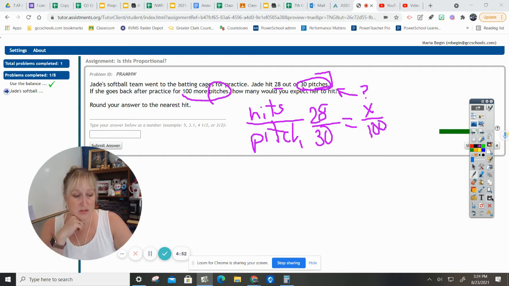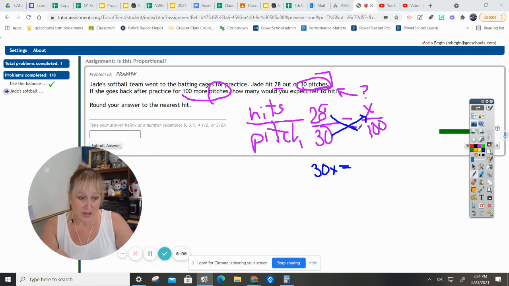Now, we've been talking about cross multiplication, so we're going to do our cross multiplication. 30 times x, again, I like to do the one with the x first on this side. So that means 30 times x equals 28 times 100. Now, if you have a calculator, you can do that, but it just adds some zeros. So we end up with 30x equals 2,800.